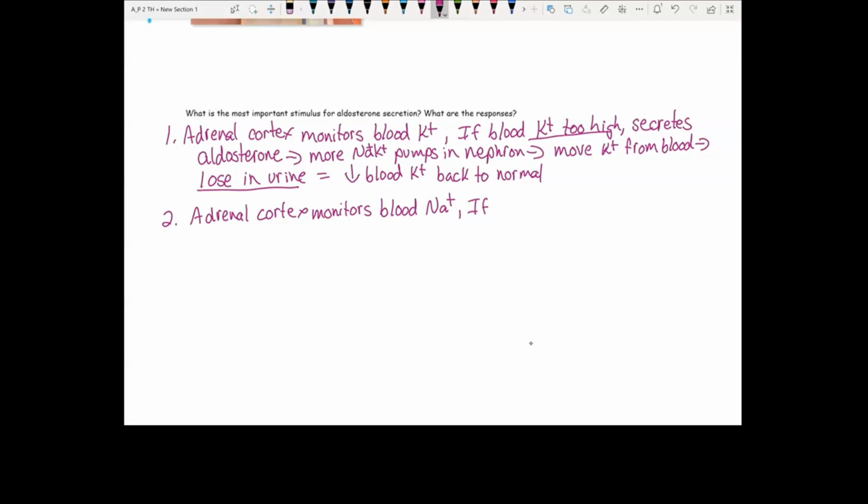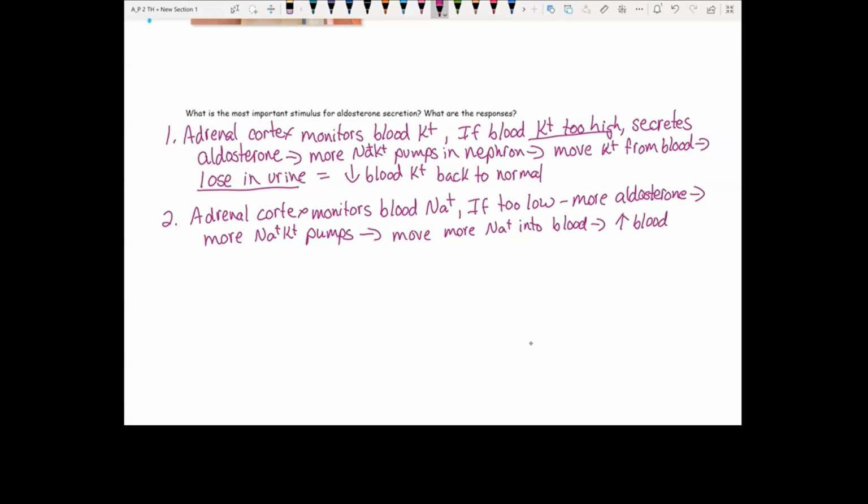And if it is too low, you get more aldosterone. This makes you have more sodium-potassium pumps. And you will move more sodium into the blood. And so the result is you increase your blood sodium.